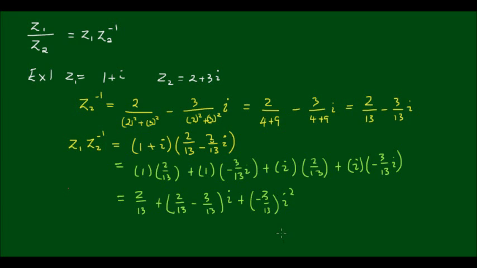And i squared is of course equal to negative 1, so this further simplifies to 2 on 13 plus 3 on 13 as the real component, and then the imaginary component is 2 on 13 minus 3 on 13 i. And of course then this further simplifies to 5 on 13 minus 1 on 13 i.